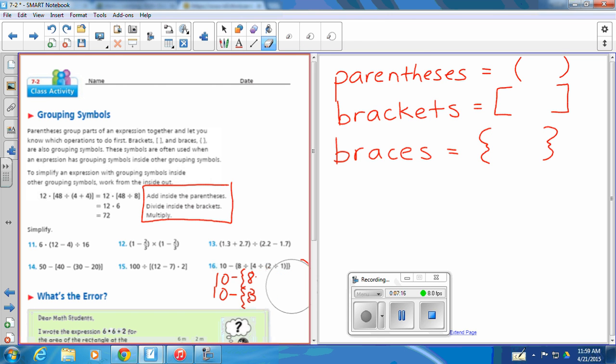Sorry, let me redo this one so I'm not confusing myself and you. There we go. So 8 divided by 4 divided by 2 is 2. Now we need to do that bracket set. 8 divided by 2 is 4.